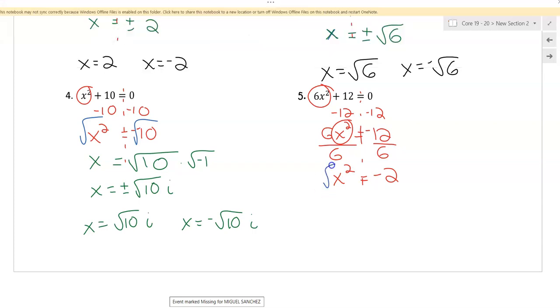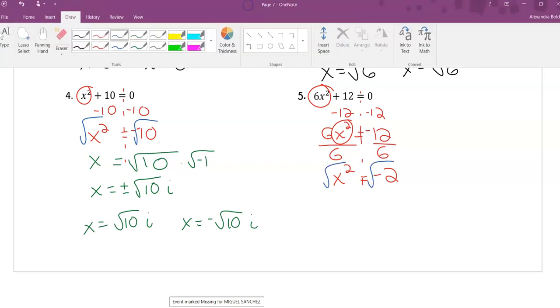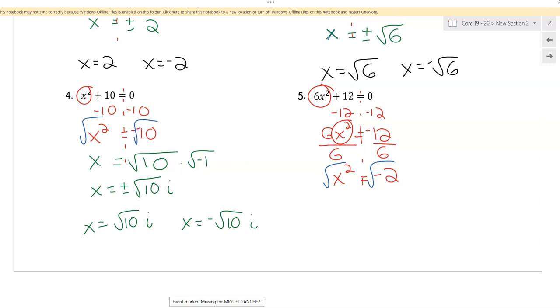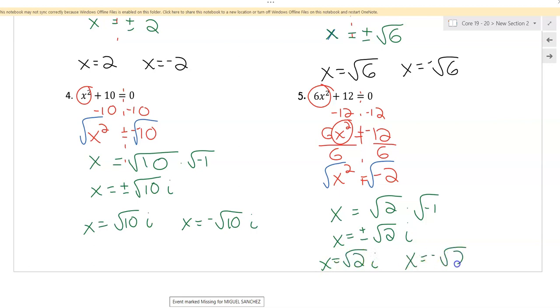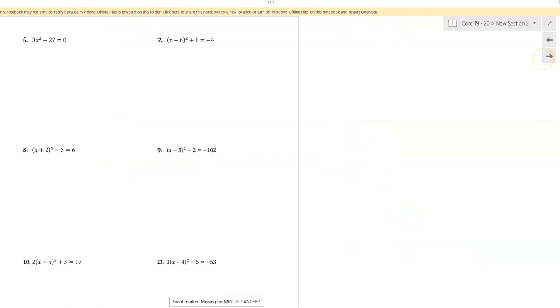Now I can take the square root. x equals plus or minus the square root of 2 times the square root of negative 1. So x equals square root 2 i, and x equals negative square root 2 i. All right, go ahead, turn the page.